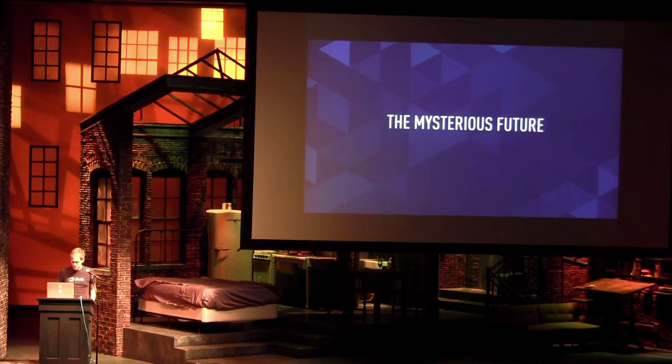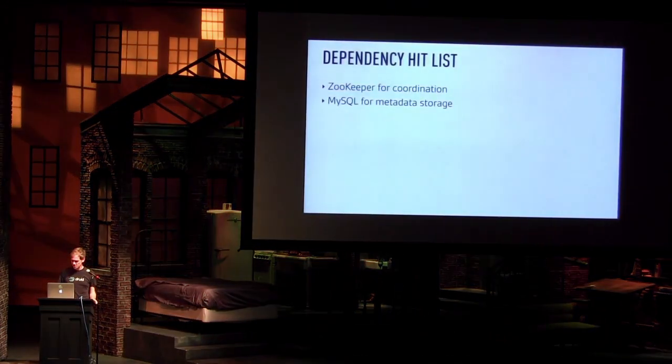So the last thing I want to talk about is the future of Druid, where we're going. And I hope this will also be interesting to give you an idea of where the weaknesses are in Druid, because the roadmap and weaknesses are kind of two sides of the same coin. So the first thing is we have a hit list for dependencies. Druid shows its roots as originally being developed to power this cloud analytics application.